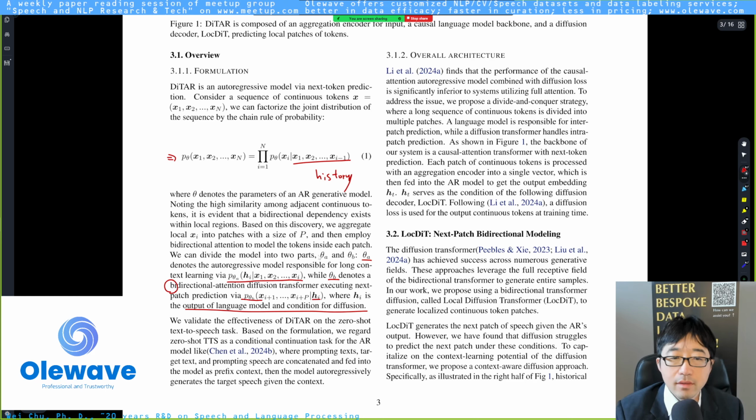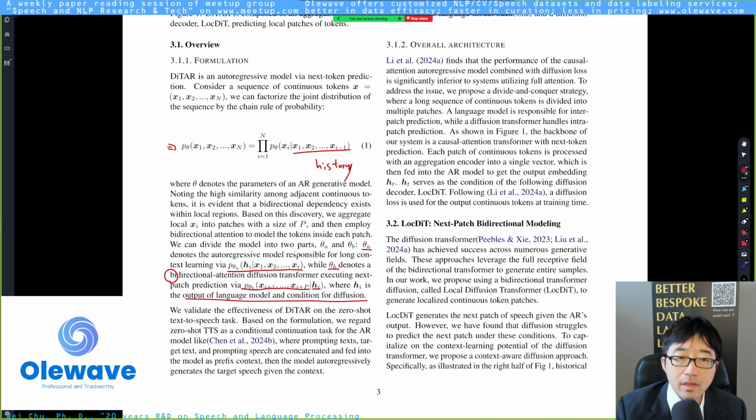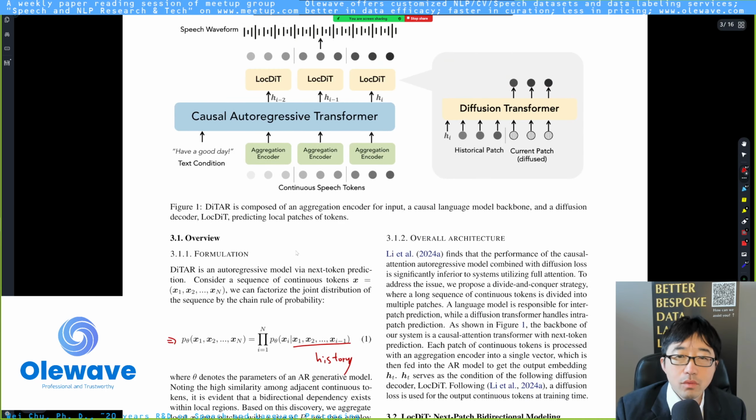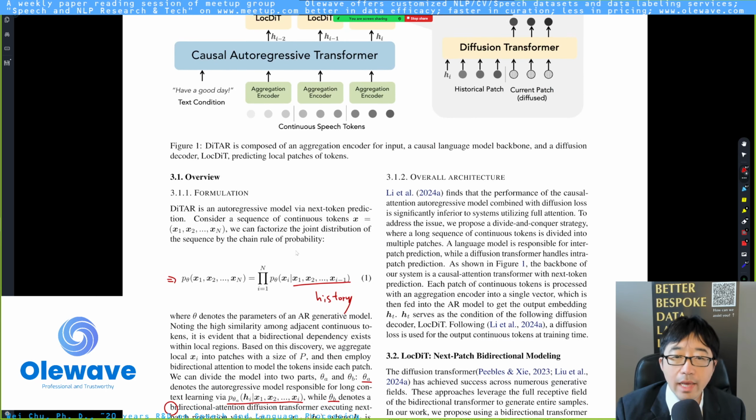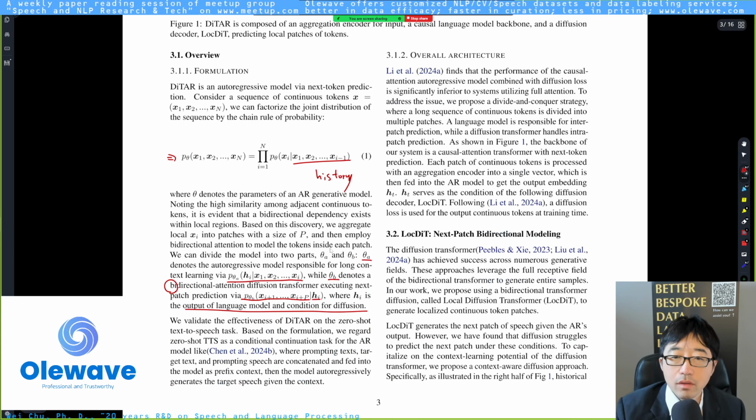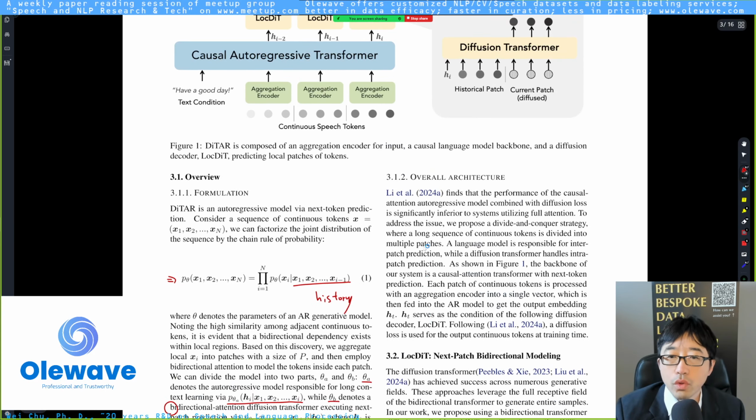Okay. And this is a basic concept of it. And you can see the overall architecture. Let me move on to here, 3.1.2.